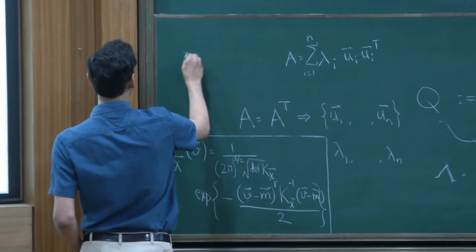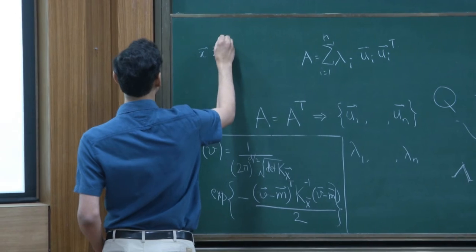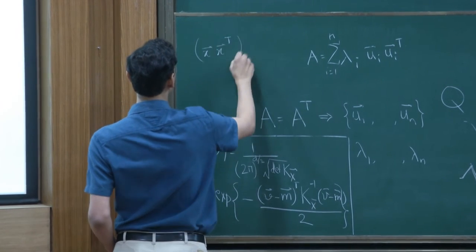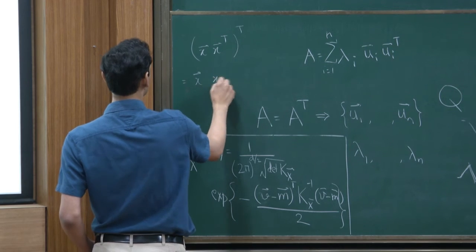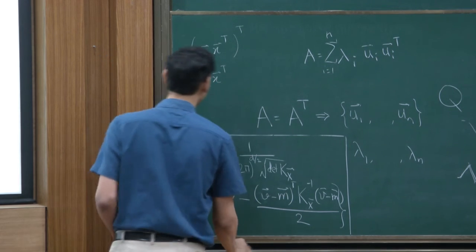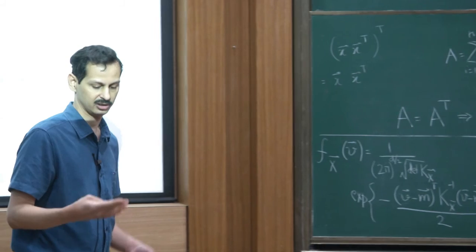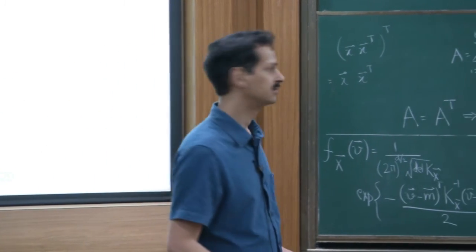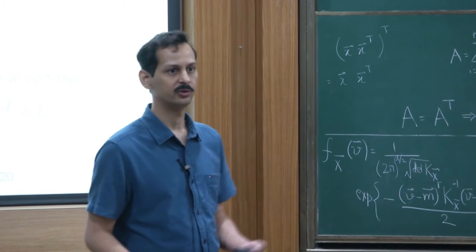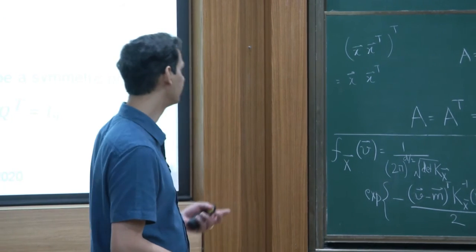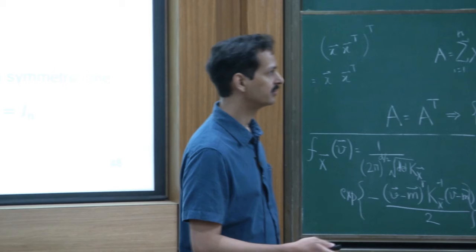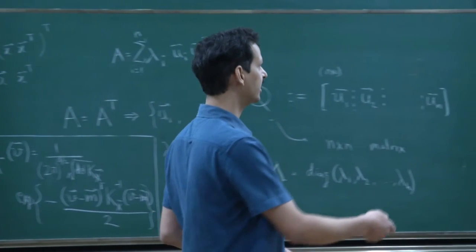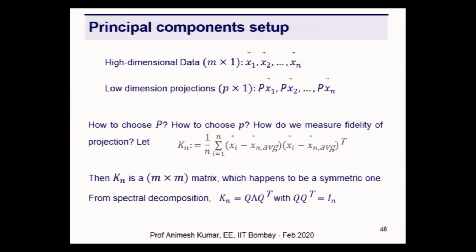So if I look at x vector times x vector transpose, and transpose of this, then that's the same as x vector times x vector transpose. And this you can verify using the transpose formula: A times B transpose is B transpose A transpose, and then further x transpose transpose will be the same as x. All right, so if you put this down, then you would figure out that Kn is symmetric.